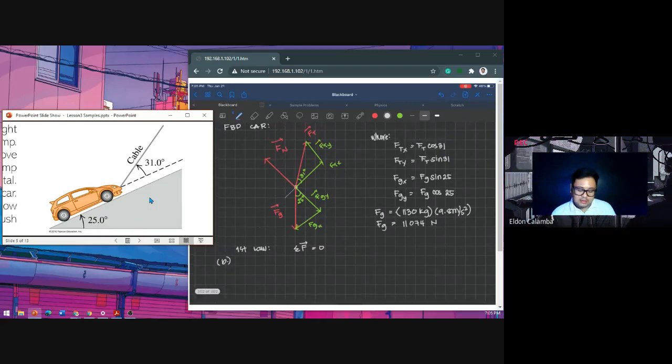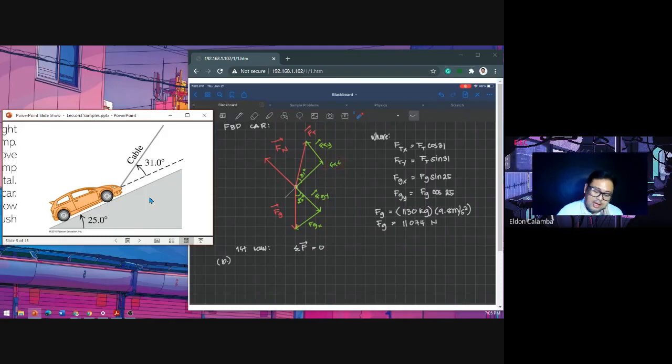So how do we get the tension? Should I do X first or Y first? You do inspection. Let's start with the X. I have here FTX and then FGX. I can solve for FGX because I already know FG and I have the angle. So I could solve for FTX.